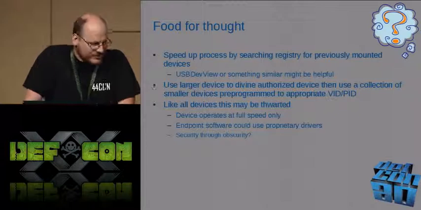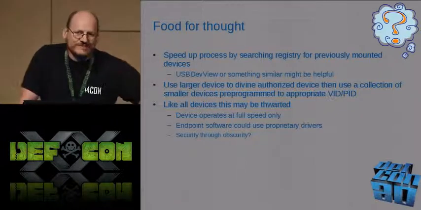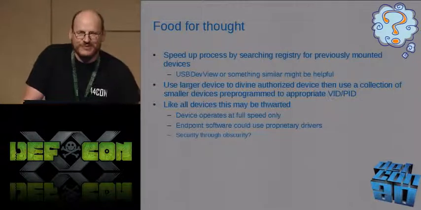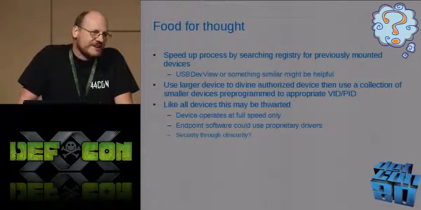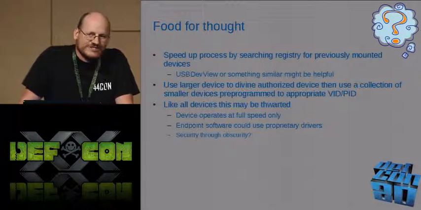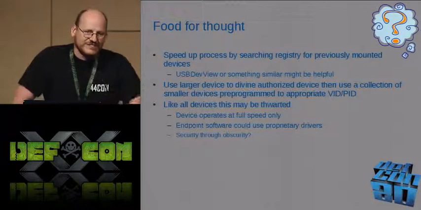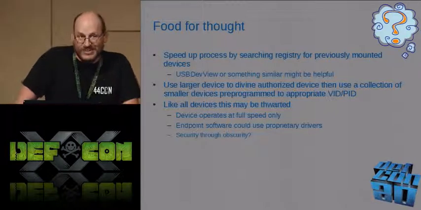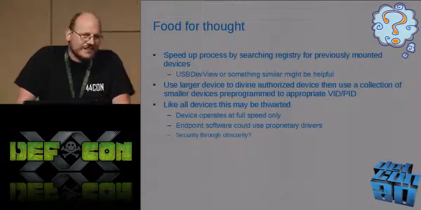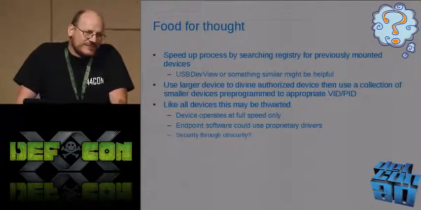We could use the larger device here to divine the VID-PID and then possibly pre-program a bunch of smaller devices if we're going to go en masse and attempt to do something, maybe on an organization, if we knew what was authorized. Like everything else, you can thwart this device.